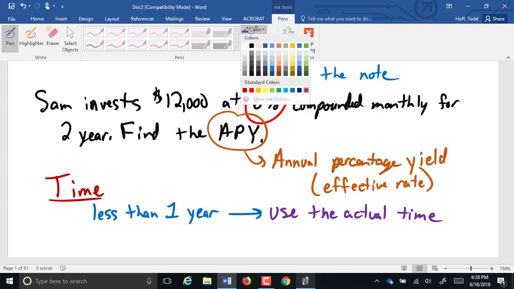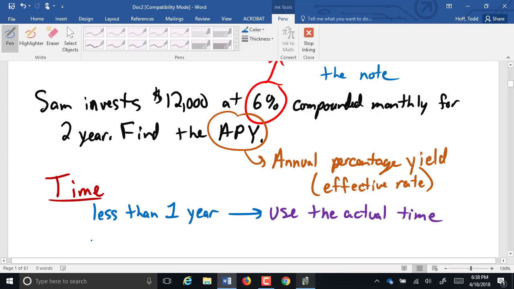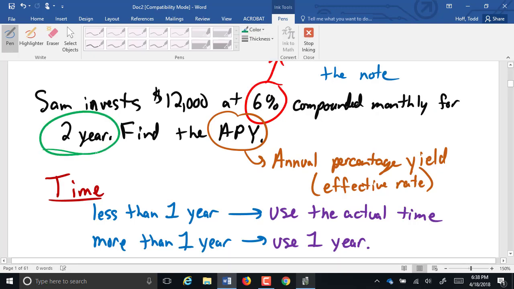If the time is more than 1 year, we use 1 year. In the problem up above, what is the actual time? 2 years. So what that means is, since that's more than a year, we're going to only go for 1 year. That means we're only going to find the compound interest for 1 year.